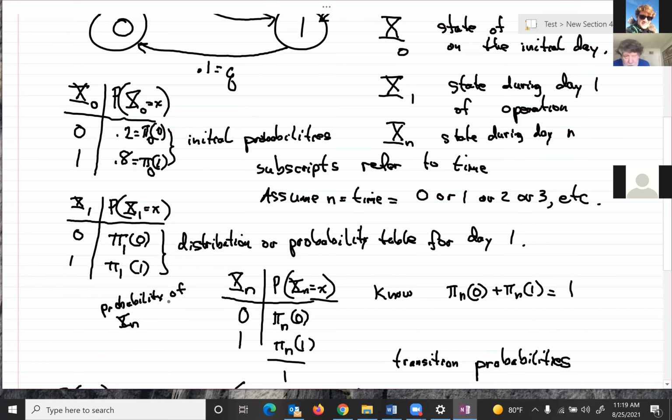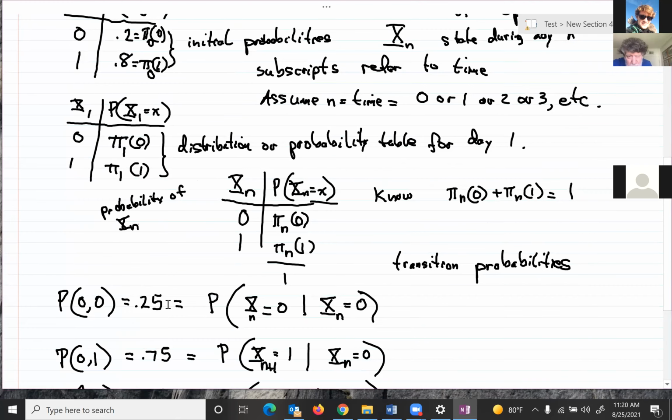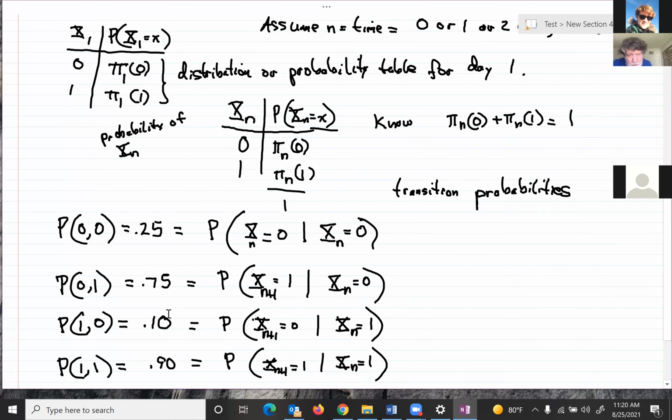And again, n can be 0, 1, 2, etc. And then we have these other things that are transition probabilities. The chance of going from one state to another means whether you're going to be broken and stay broken or be repaired, or going from a working machine to a broken machine. Now, by the way, we've already made a few assumptions here.